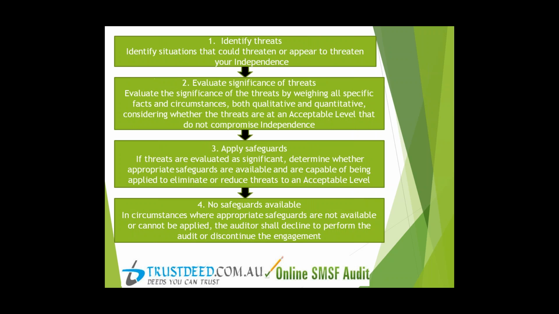When assessing independence, you just have to follow these steps. First of all, identify situations that could threaten or appear to threaten your independence. Next step is to evaluate the significance of the threats by weighing all specific facts and circumstances.